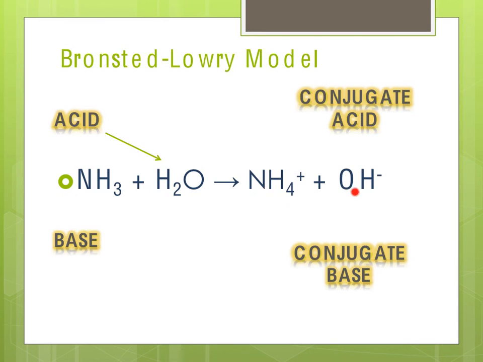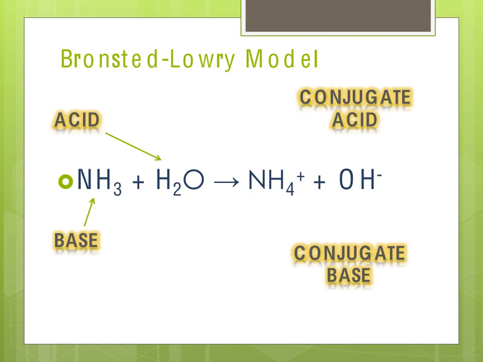And remember, water can be written as HOH. So if we had HOH here, then it should be pretty obvious that the OH lost a hydrogen. So it donated the hydrogen, so it is the acid. And since it is the acid, that would make ammonia, NH3, the base.